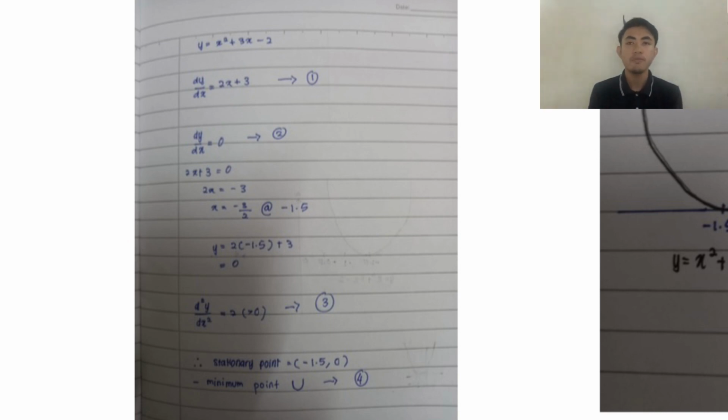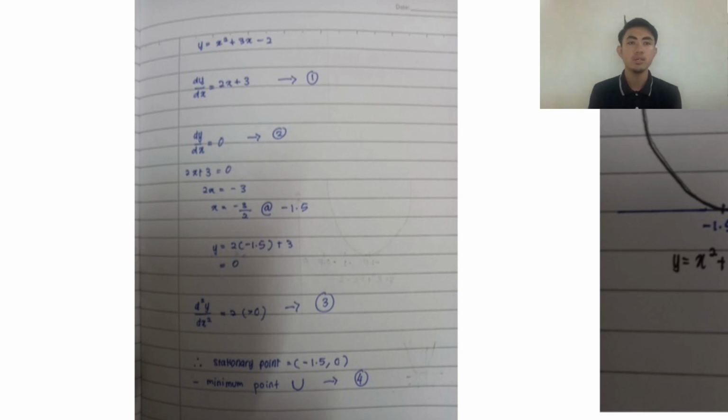We have one more method to get the minimum point or maximum point: looking at the equation. If we have a positive x squared, that means the stationary point is a minimum point. If we have an example like minus 2x squared, from that we know the stationary point and the graph will be a maximum point.